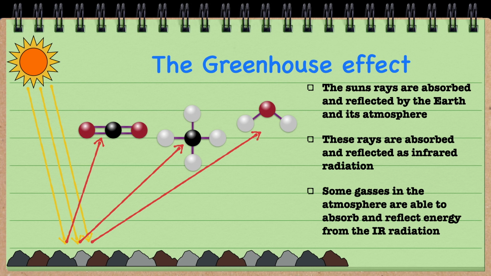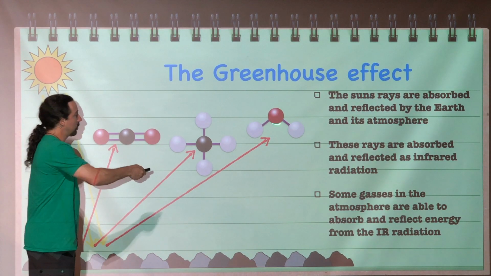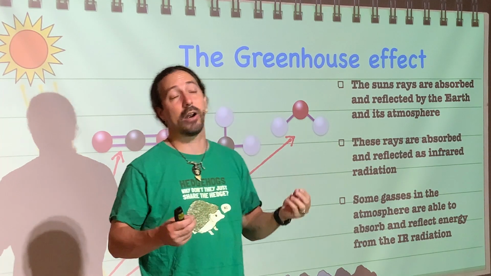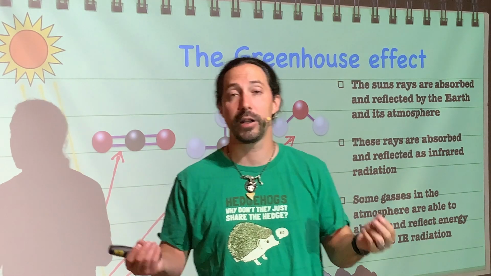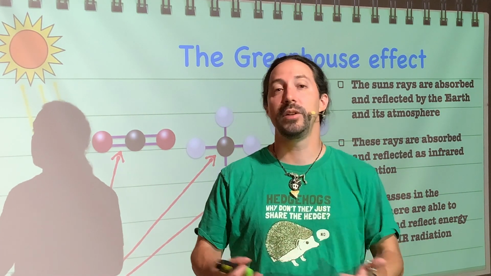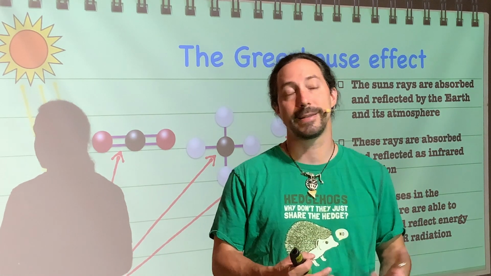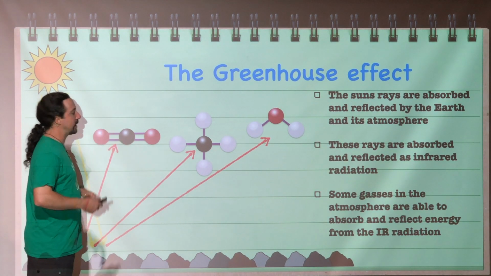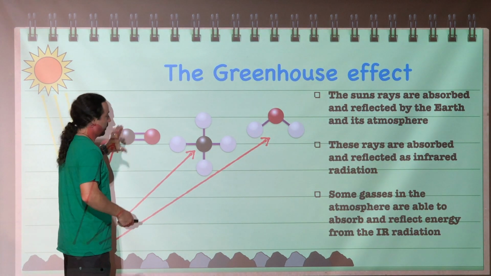In order from strongest IR activity to weakest, they are water, methane, and carbon dioxide. Carbon dioxide is actually the least IR active of these three different molecules, but it's the one that we release in greatest amounts due to industrial or commercial processes. And that's why we pay the most attention to the carbon dioxide in the atmosphere, because we release a lot of it.